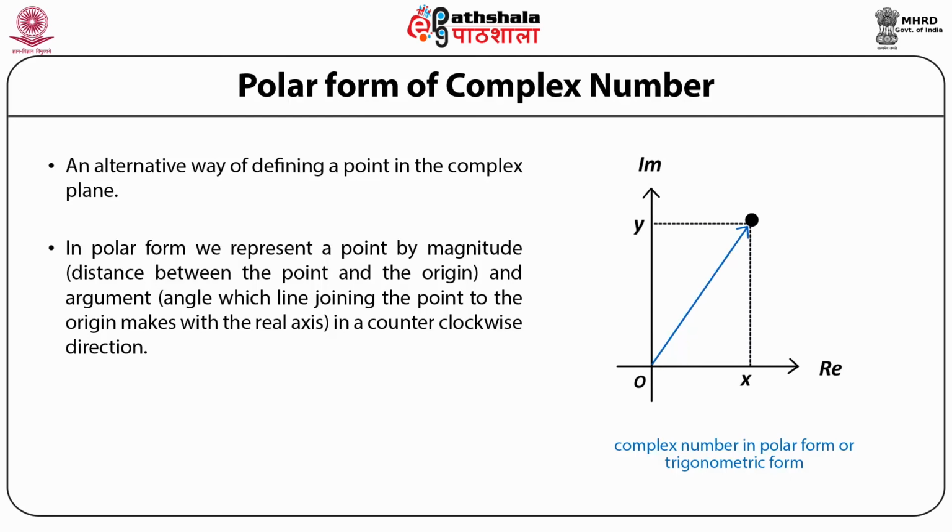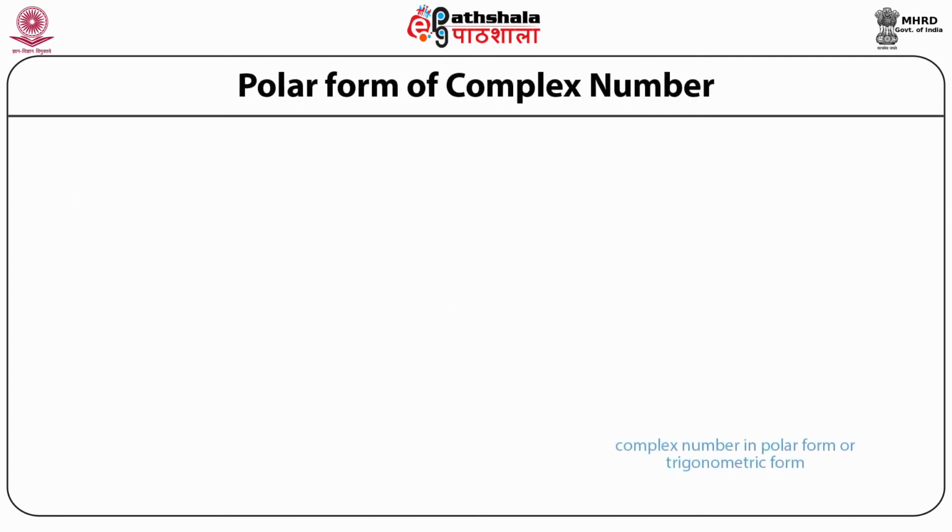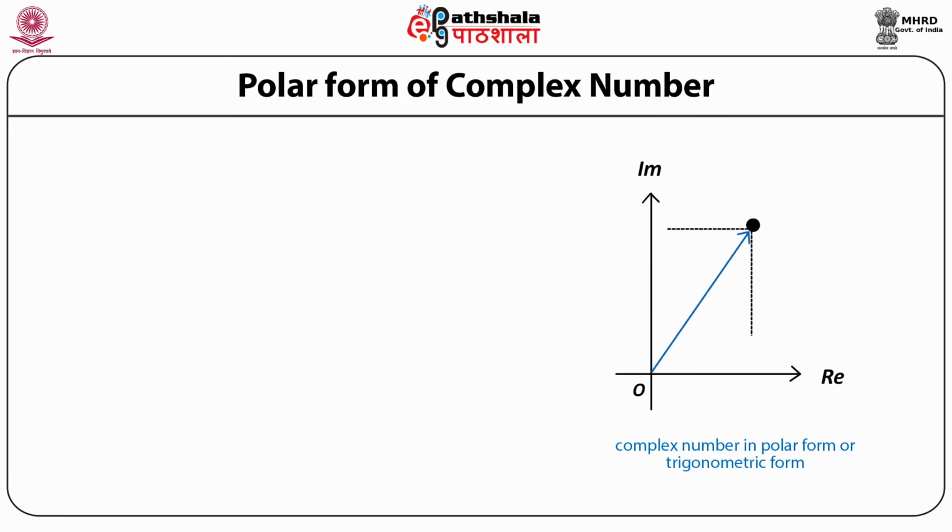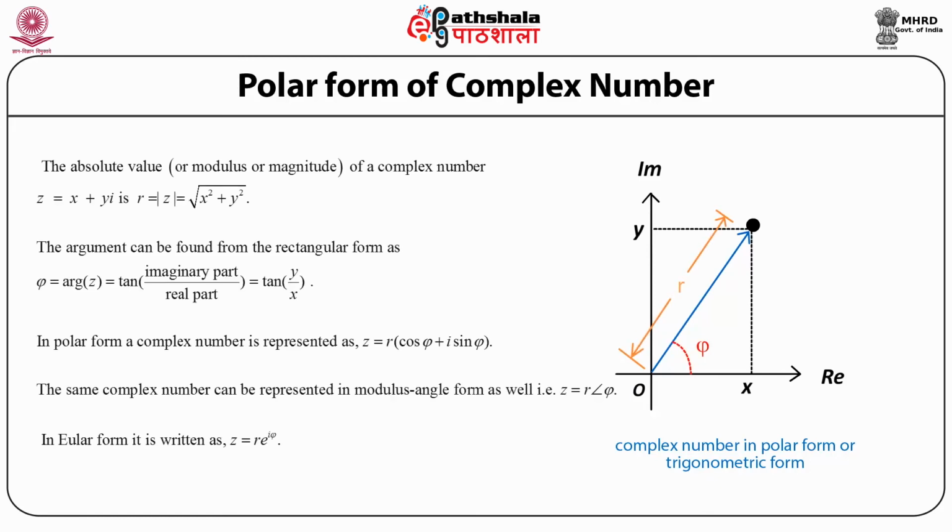How much is the angle made to the real axis in the counterclockwise direction. So you always take the real axis and you move counterclockwise. We are going to see polar form of the complex number and calculate it further. Like we discussed in the previous slide, we can represent any value with an amplitude and an argument theta.